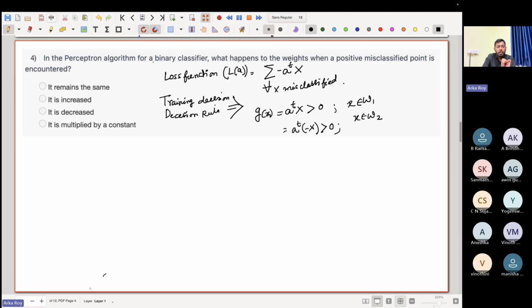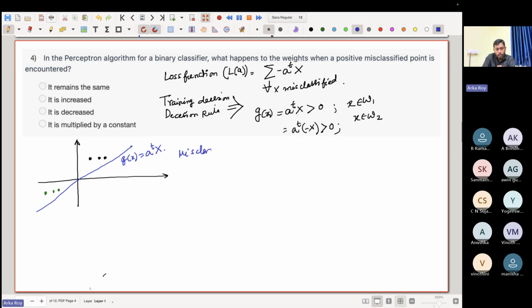So what the question states is that you have a binary classification problem. So what we are doing, let's say this is your positive class and let's say this is your negative class. You have done the negation. So this is the function, that is g of x, which is A transpose X. Now let's say you are doing misclassification.